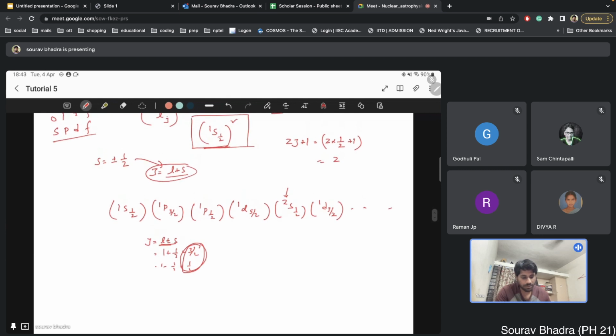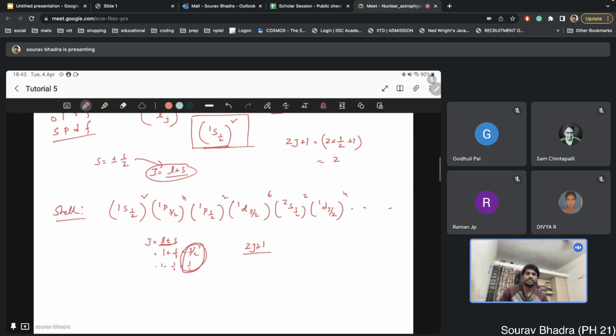Now these were the energy levels, and as I told you, each energy level has 2j plus 1 nucleons. So for s it will be 2, for p 3 by 2 it will be 4, then 2, then again 6, 2, 4. This type of calculation you can do.